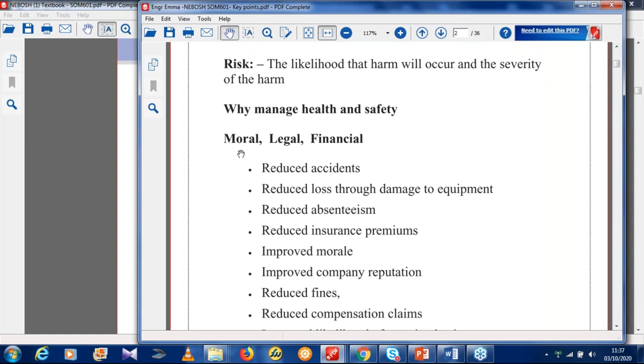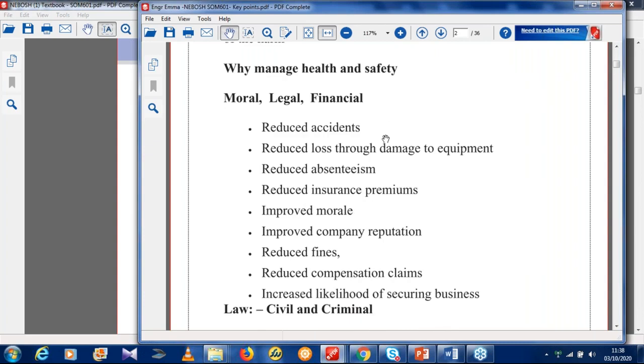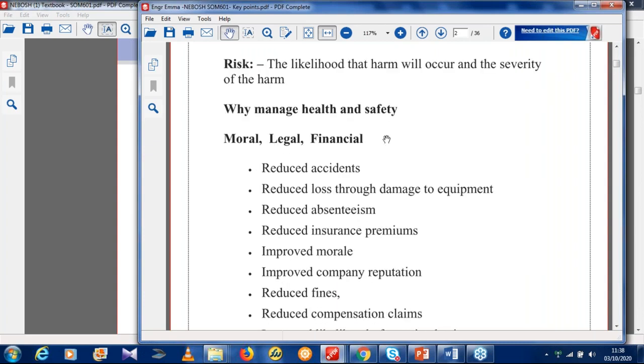And number three is what now? The financial or economic reason.